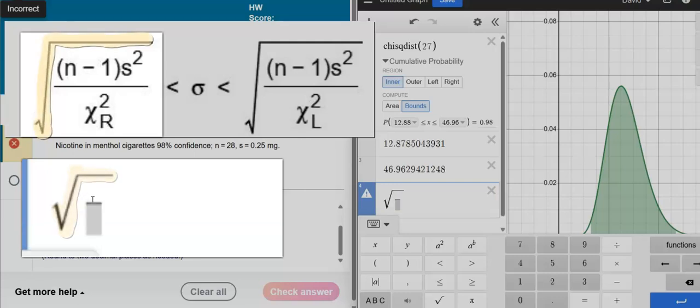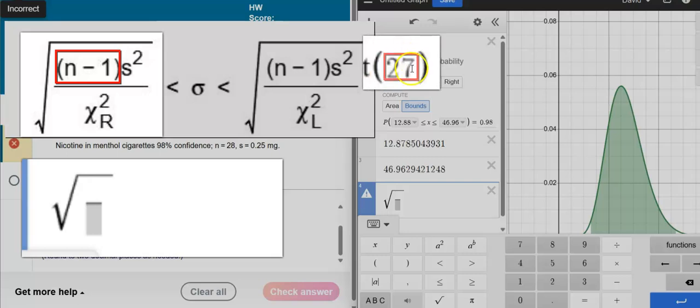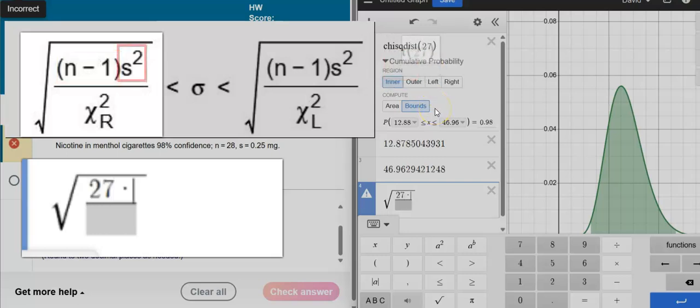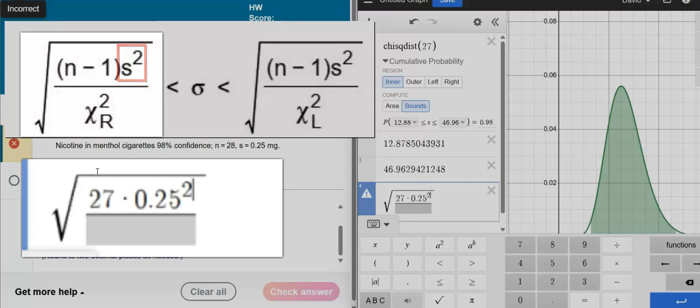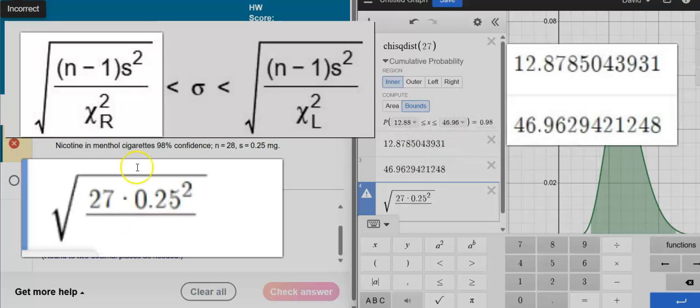In the numerator, you want your degrees of freedom, that 27, times not just the s, but the s squared. So 0.25 squared. Shift 6 will do a square. You can also just click that button there, and that will square it. So s squared times the degrees of freedom in the numerator.